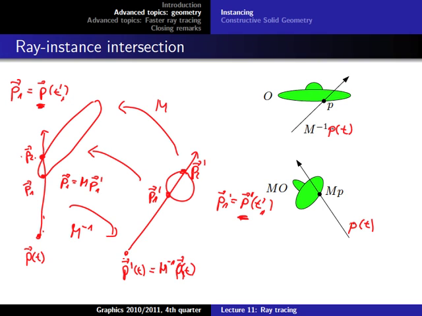The ray is defined as a support vector E, and then a direction vector D, and that gives us our ray. So the ray equation is P of t equals this position on the line plus t times the direction vector.